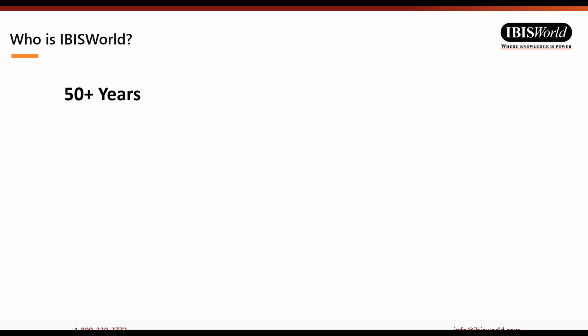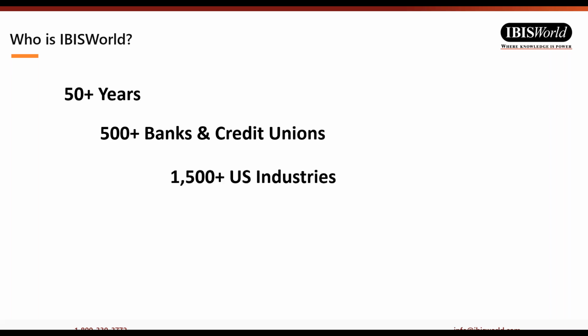We've been around for over 50 years. These days, we work with over 500 banks and credit unions, and we cover over 1,500 industries. So really just about any type of industry that your customer is operating in, IBISWorld is going to have relevant industry statistics and forecasts to help you engage with those clients better, to help you benchmark those clients better, and hopefully mitigate risk as well.